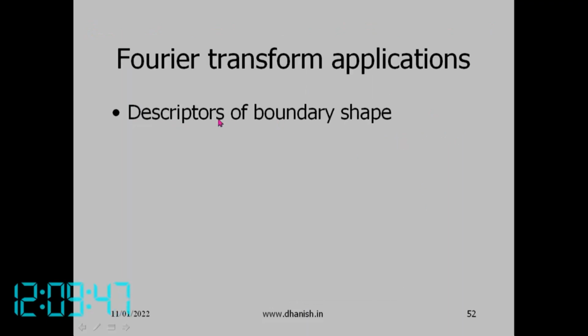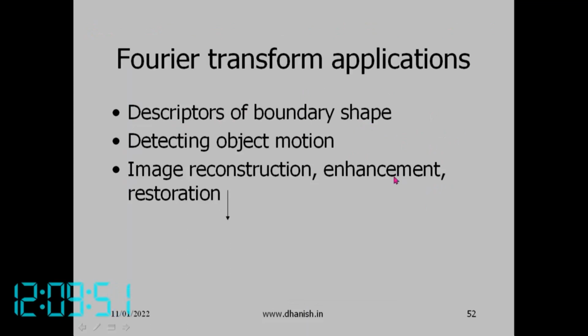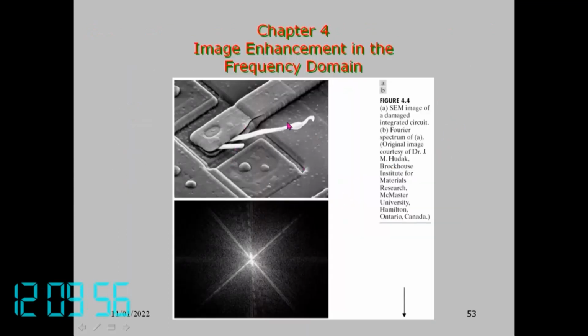In Fourier transform applications, the uses include boundary shape descriptors, detecting object motion, image reconstruction, enhancement, restoration, etc. This is the original image. You do a Fourier transform, eliminate the high frequencies, and then go back to get a better image. Okay, so that is the Fourier transformation applied to images. The next chapter is segmentation.